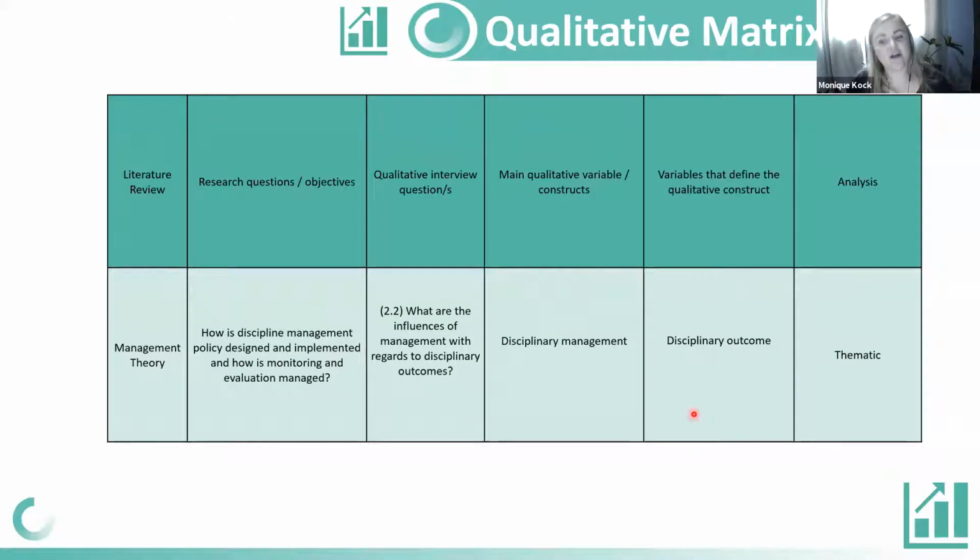And what are the codes that we can identify that define this construct that we have identified previously? If you follow this process, you would clearly be able to plan your research proposal, and in the end, also identify the research questions that you need to ask and how these research questions are in line with your aims and objectives.